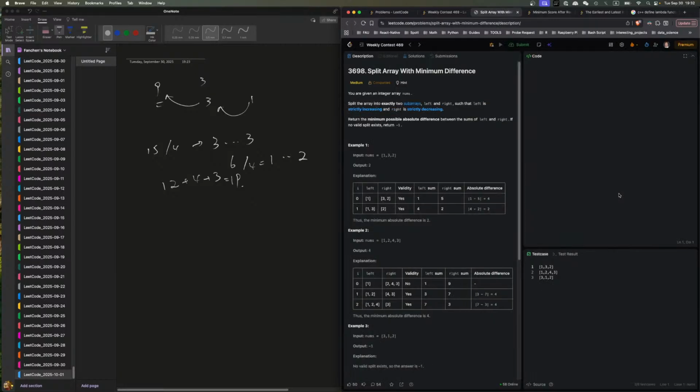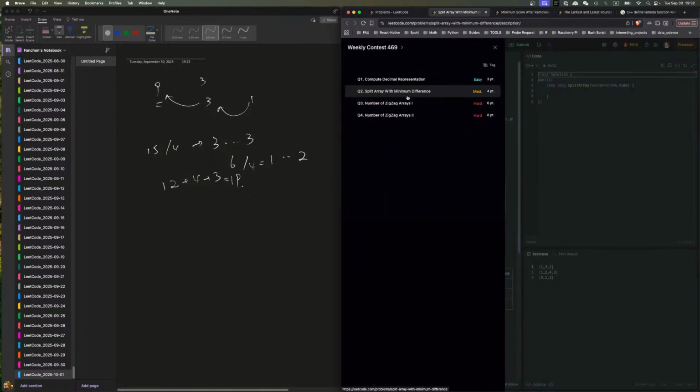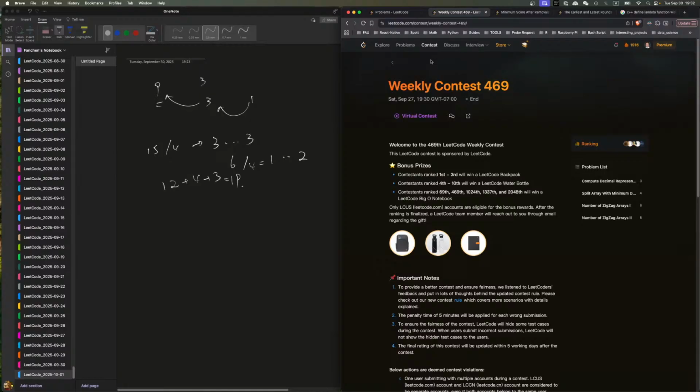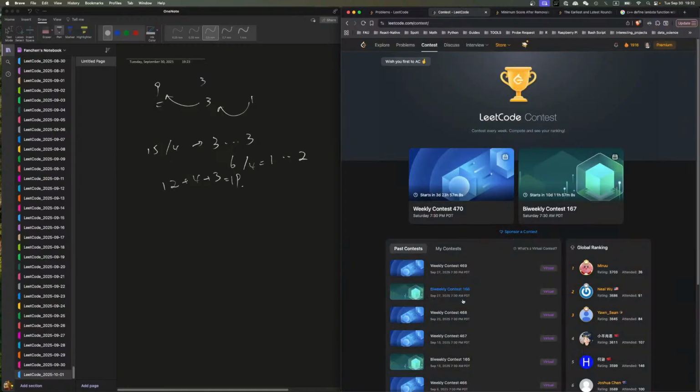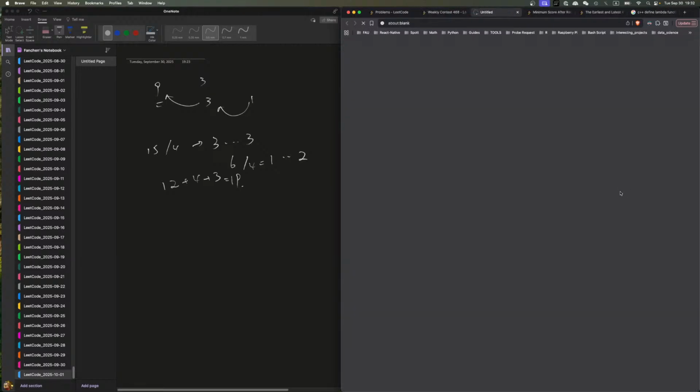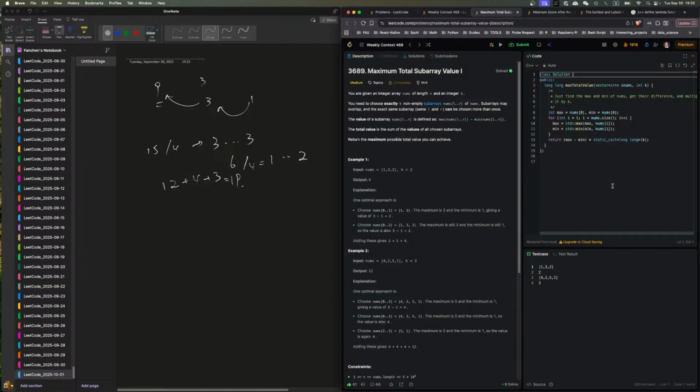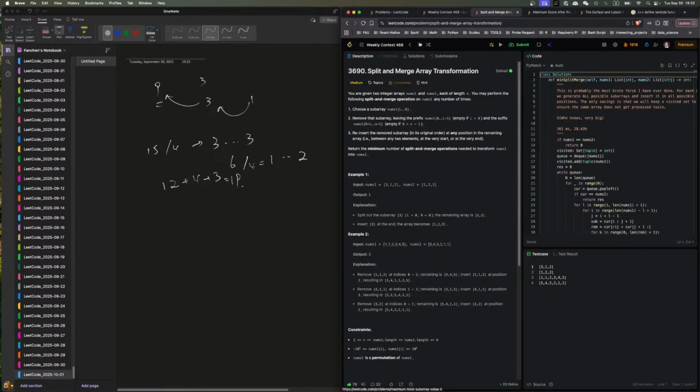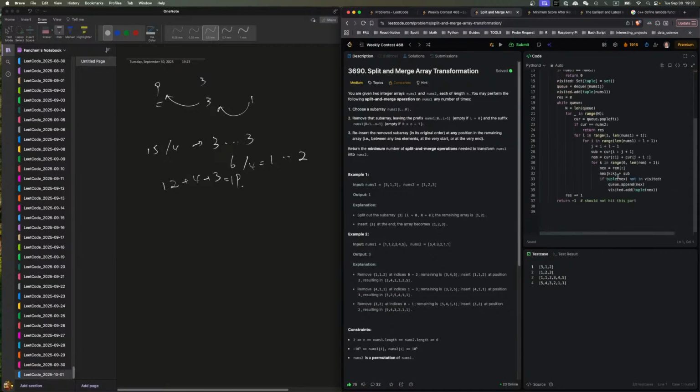Do I do this? Oh, okay. Split array with minimum difference. Given an integer array nums. Wait, hold a second. I think I didn't do the other one either. Biweekly. I did this one. How about the next one? Oh, I did this one as well.